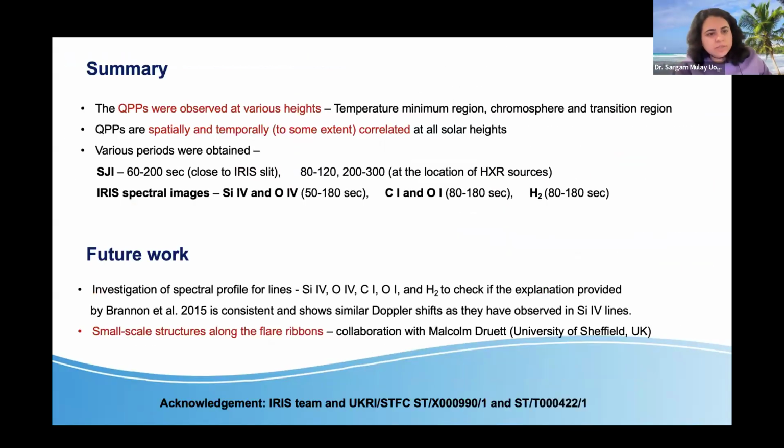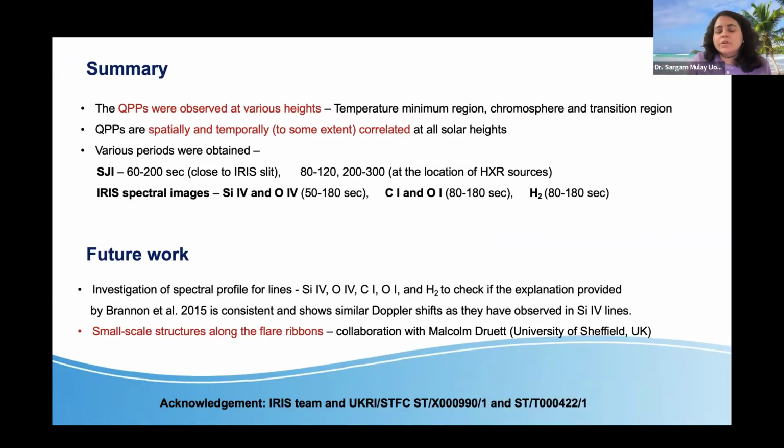Just to summarize my results, we observed the QPPs at various different heights using IRIS observations in the temperature minimum region, chromosphere and transition region. The quasi-periodic pulsations are, to some extent, correlated spatially and temporally at various different solar heights.